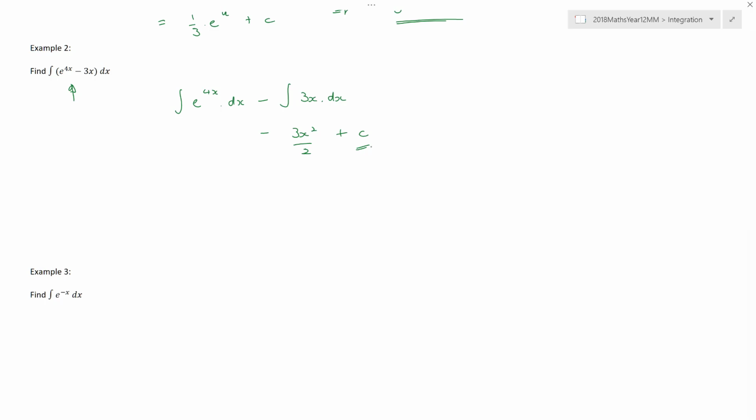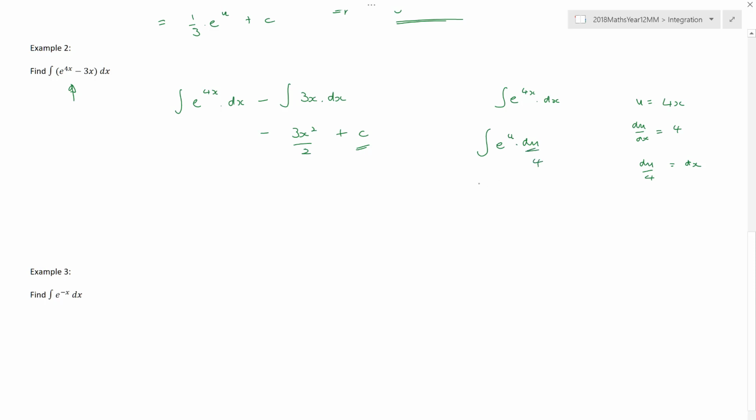But I want this integral of e to the 4x. So I'm going to break out and say integral of e to the 4x dx. Let u equals 4x. So du by dx becomes equal to 4. So du on 4 becomes equal to dx, which means I can now write that as e to the u multiplied by du on 4.